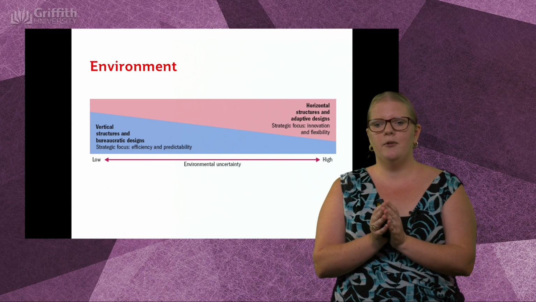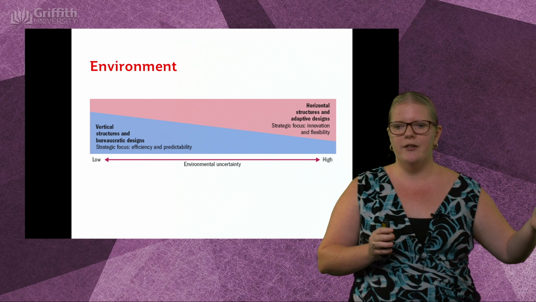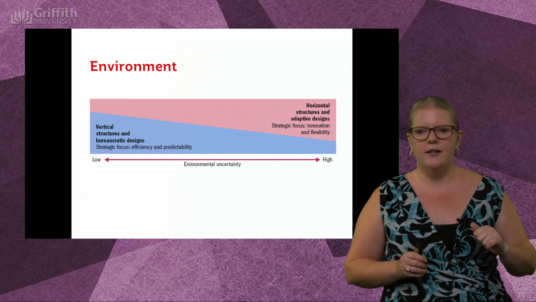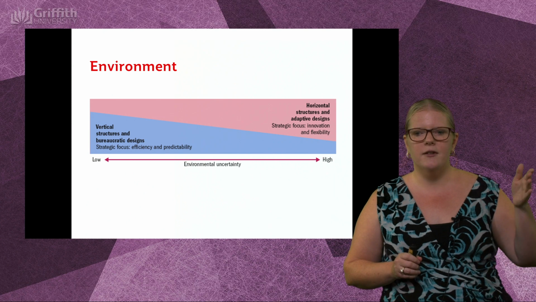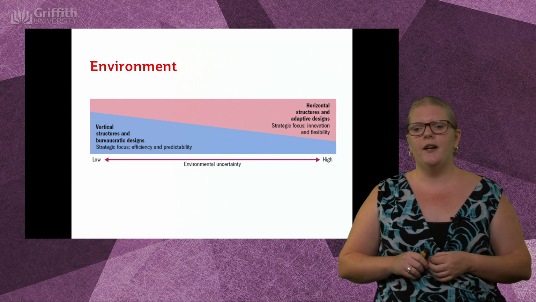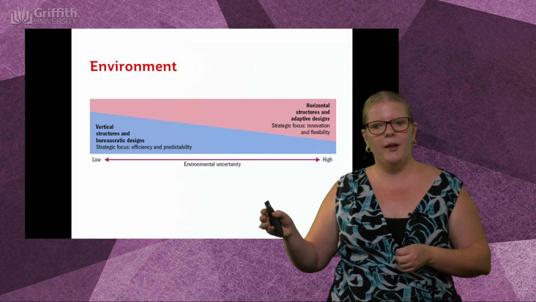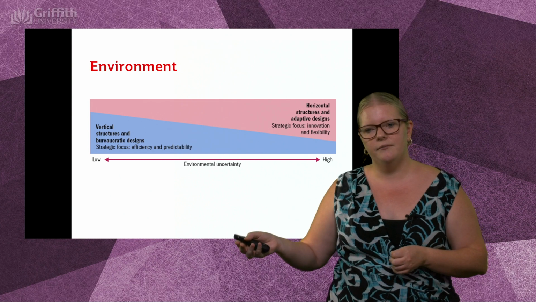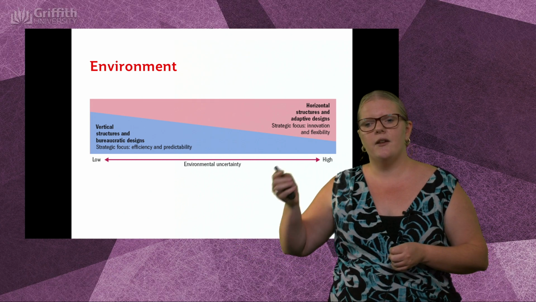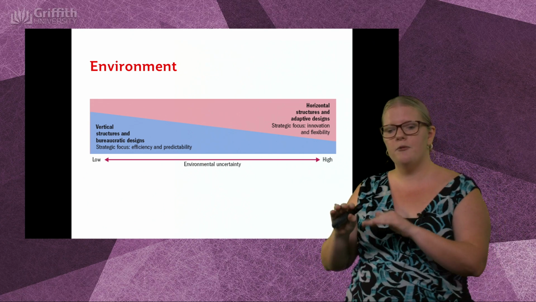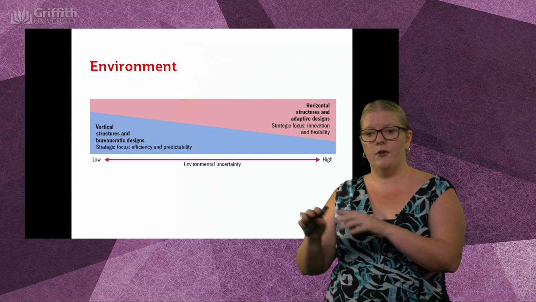So if, for example, I have low environmental uncertainty, then I can have vertical structures and bureaucratic designs through strategic focus, efficiency and predictability. Okay, but if I have high environmental uncertainty, I really don't know what's happening, then I'm going to have more of an adaptive design. Okay, so my strategic focus is on innovation and flexibility in order to work through those market demands.